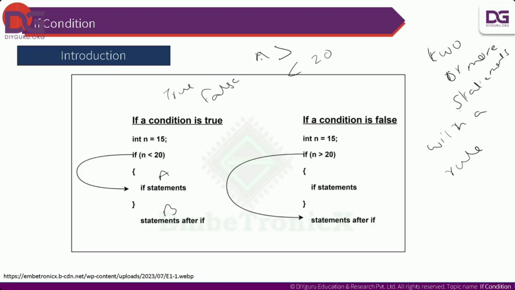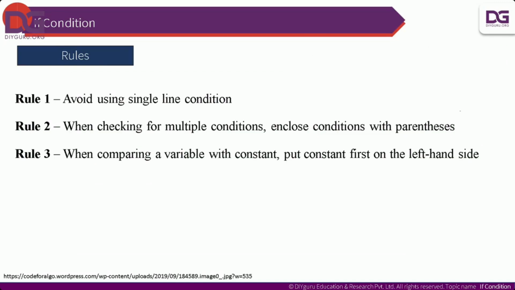Now we will show in STM32 how this works. But before that, let's see what the rules are. First, we need to avoid using a single line. What this means, I'll show you.